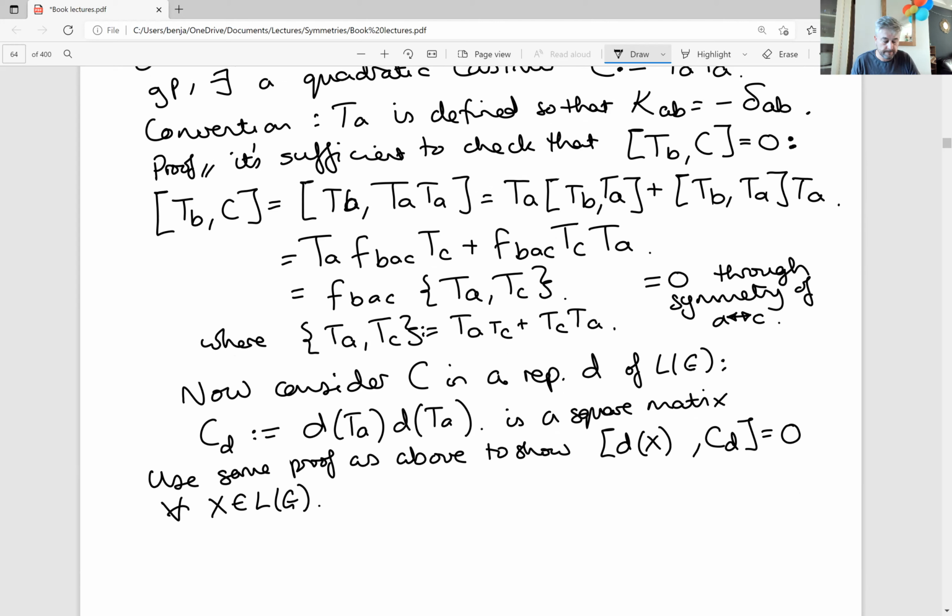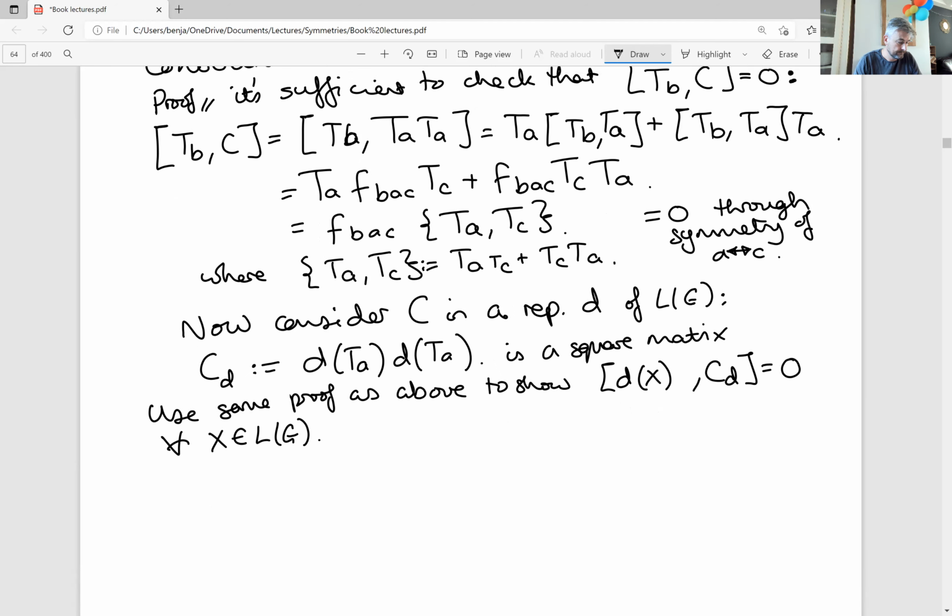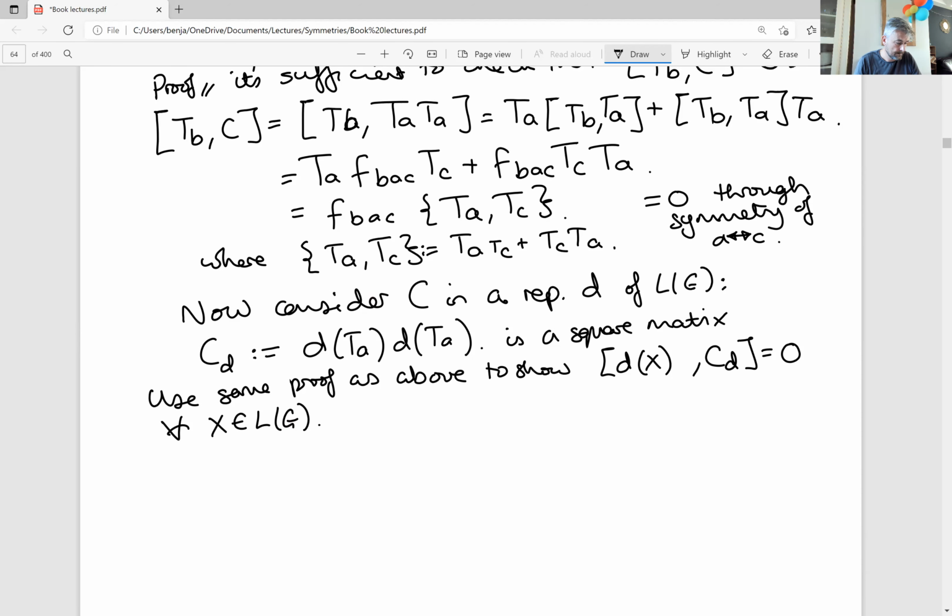So here we have Casimirs of representations. Right. So we're going to make a claim now, and there's an exercise in the book which takes you through this claim.